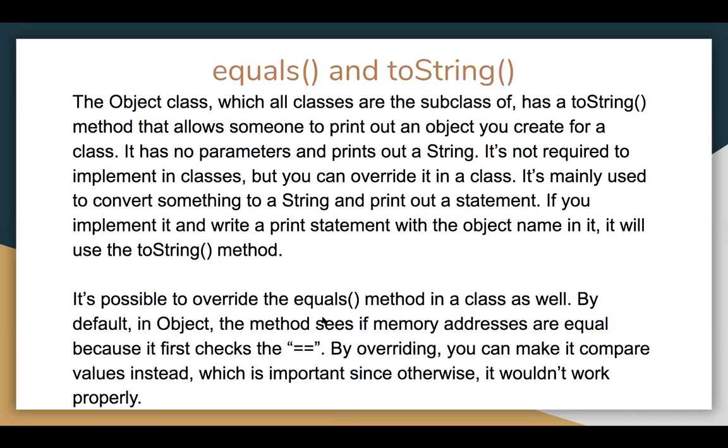So we talked about how in strings, it compares values like it should. But in object, which all classes are subclasses of, when you're using it without overriding it, it first checks the equals. So that's why it will compare memory addresses instead of actual values. So that's the reason why you have to override it.